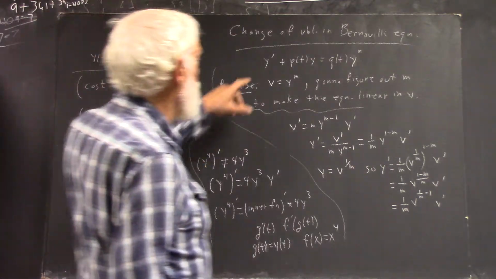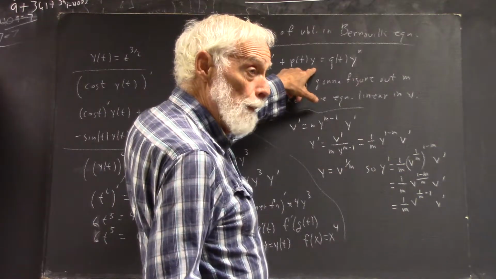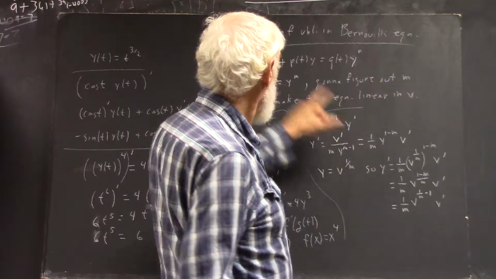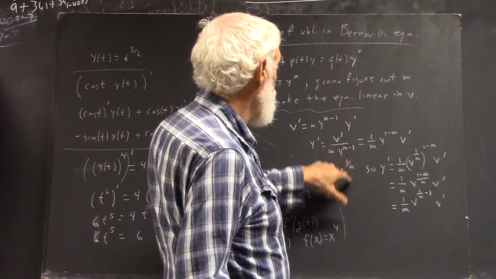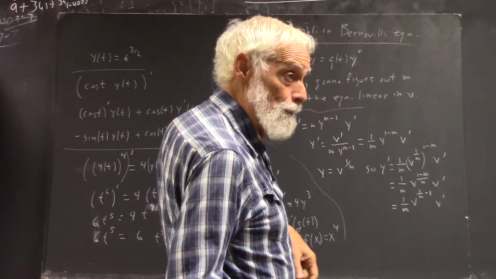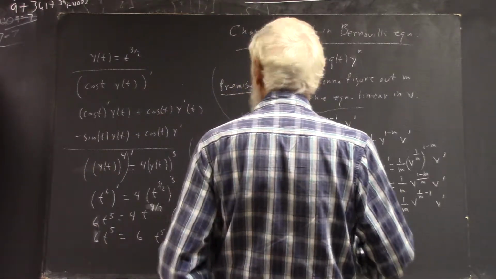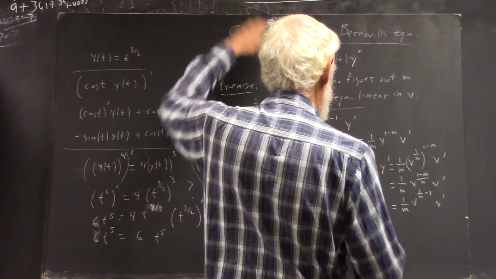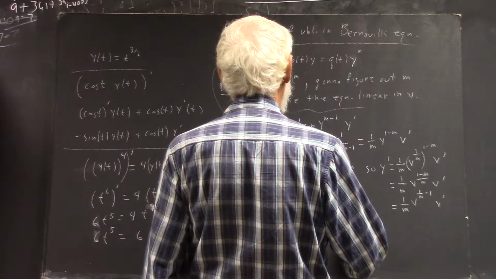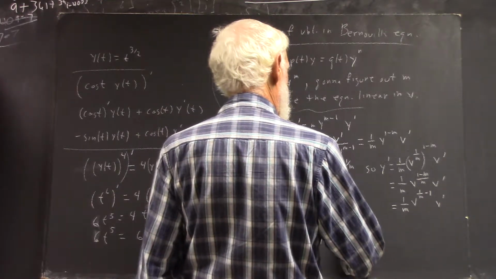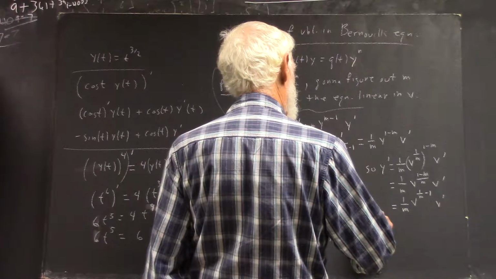Now we have everything we need, because we can plug in v to the 1 over m where we've got y, and we can plug in one of these forms for y prime, and of course y to the n is just y to the 1 over m to the n. So our equation becomes, I'll write it here and then I'll go to another board. y prime is 1 over m v to the 1 over m minus 1.